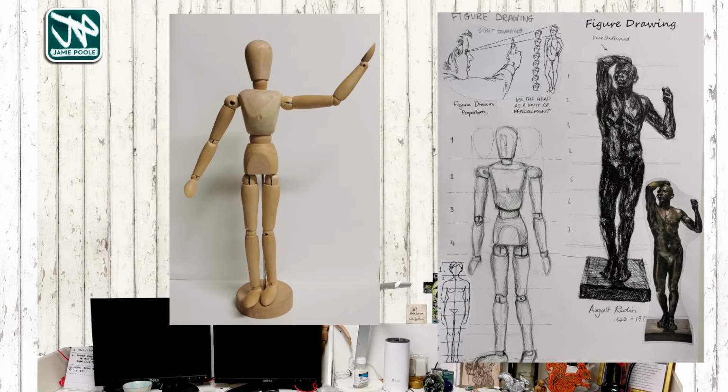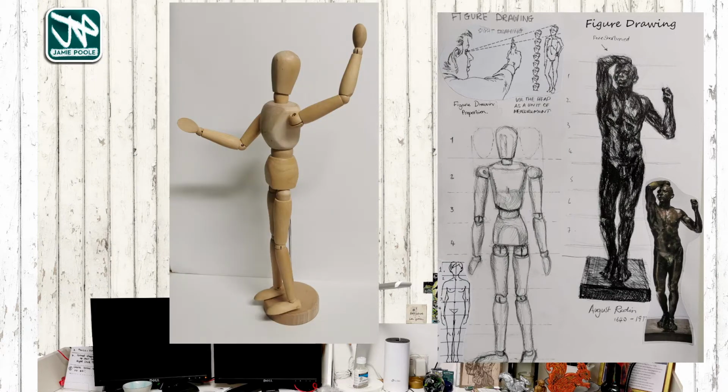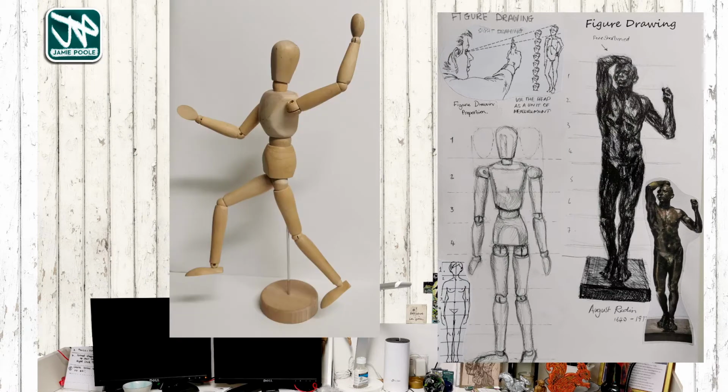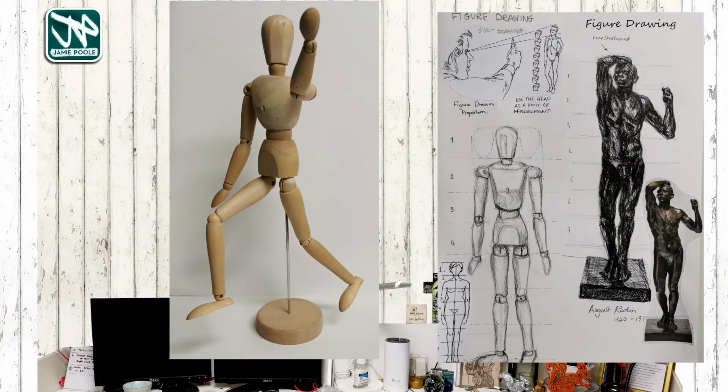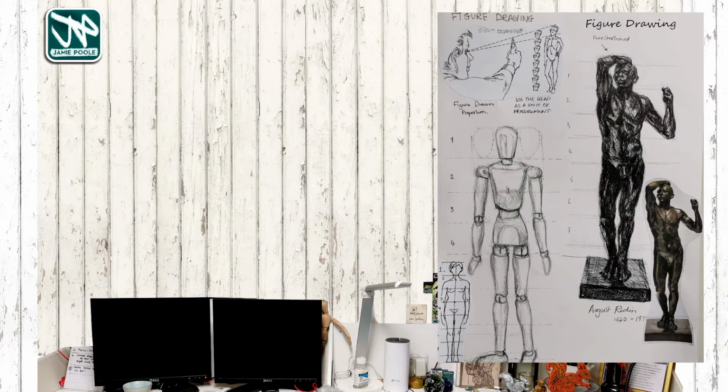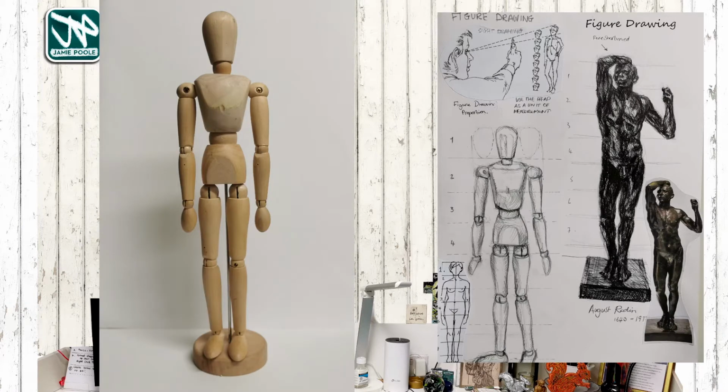So I will move his arm, or I will turn him to the side, or I'll make him look like he's doing Morecambe and Wise, and we'll also look at a little bit of foreshortening. We might not get through all of those, but we'll at least do about 2 or 3.